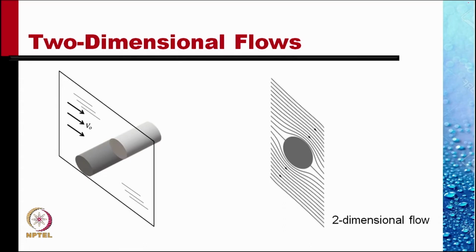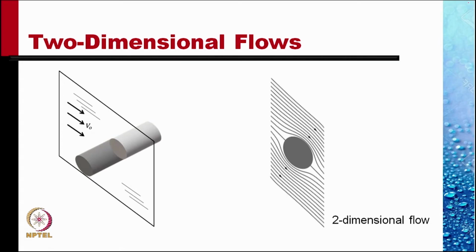This clearly is a function of two space variables, a vertical variable and a variable along the flow direction. This flow pattern is independent of the third dimension. That is, we could take the plane anywhere along the axis of the cylinder and we would observe the same flow.